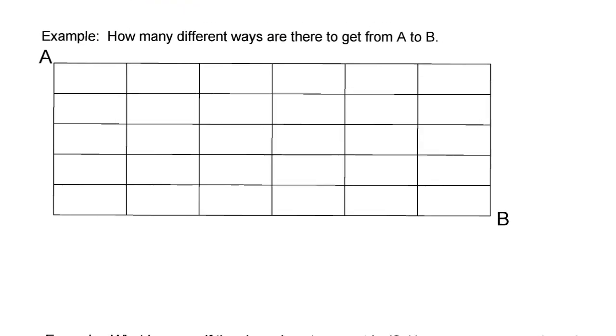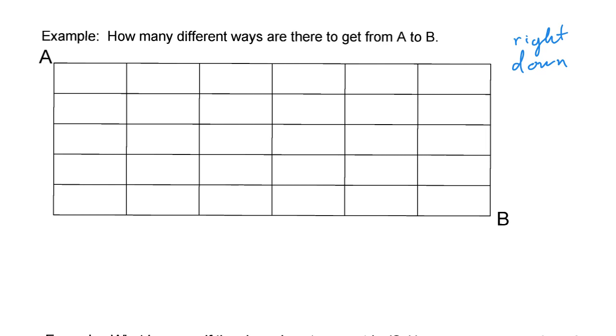How many different ways are there to get from A to B? Now, I need you to remember that you're moving to the right and down in order to continue to make progress. All right, so here we go. Let's take a look at this.